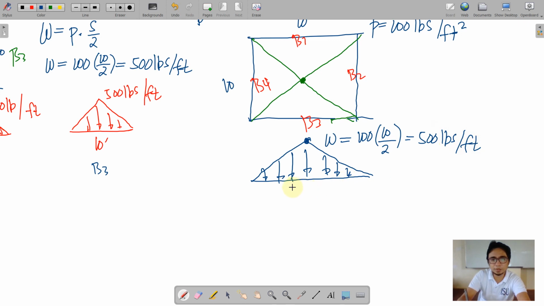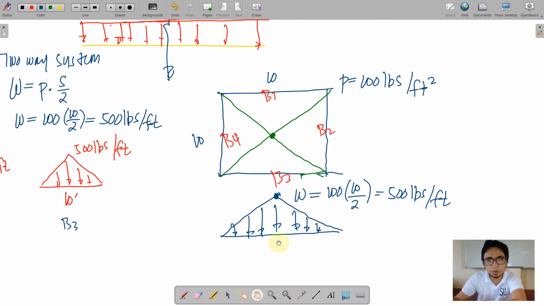So this is the beam distribution on B1, B2, B3, or B4. Okay, so that is the principle or the shortcut for that. So do not bother yourself in computation of the areas of the surfaces according to the lines or the constructed lines that is projected 45 degrees on the edges.